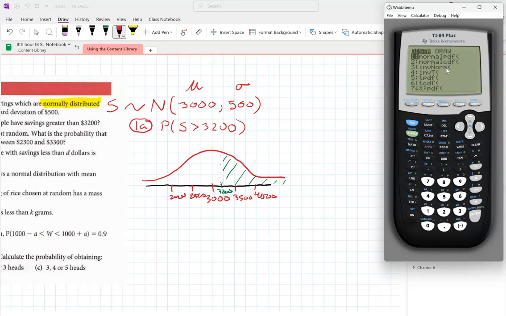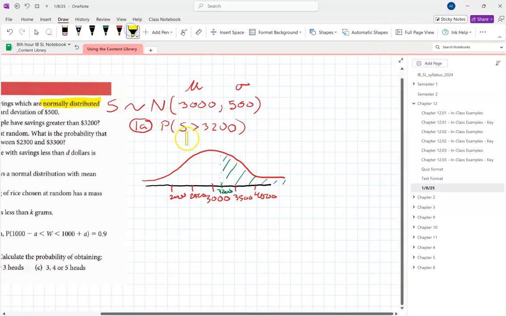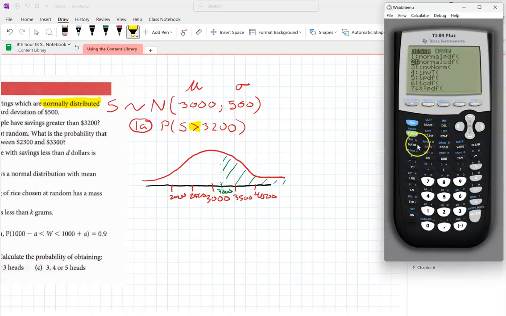Everybody okay with that? So if my normal distribution probability has an inequality in it, I'm going to be using the CDF. Just like that. So we're going to do the CDF.